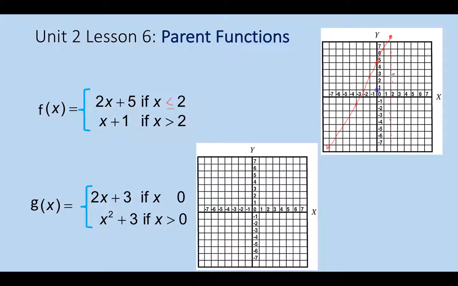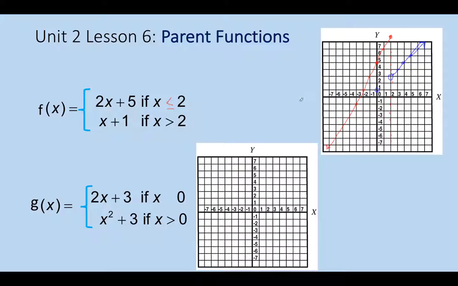And at this point, I would have an open dot, because it's strictly greater than 2. And then I would just continue on with this, up 1 to the right 1.